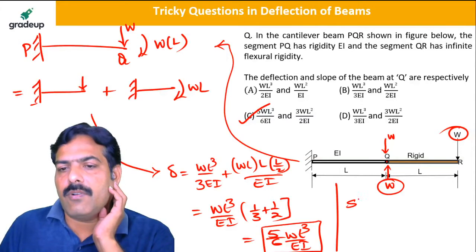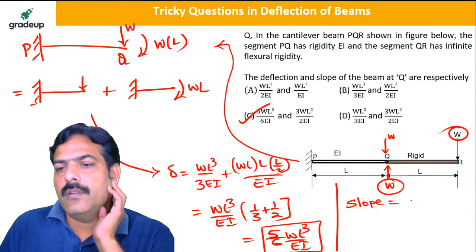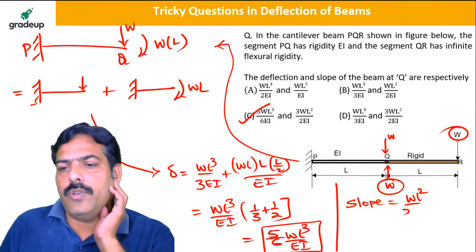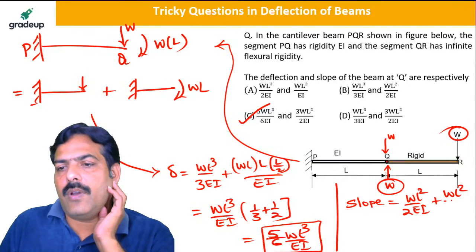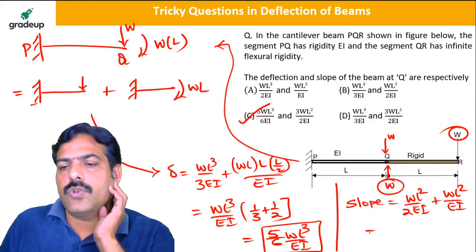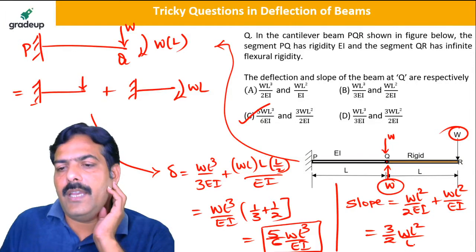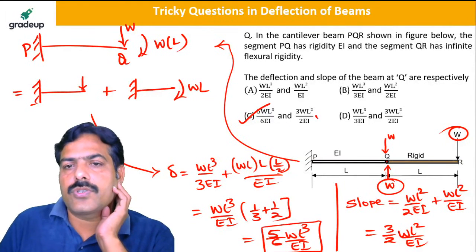And slope is equal to WL square by 2EI plus WL square by EI. So this will become 3 by 2 WL square upon EI. Is it clear? So slope is correct.